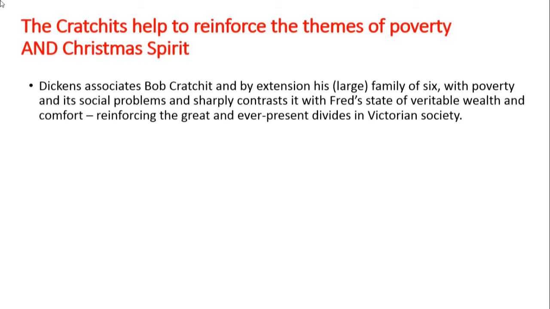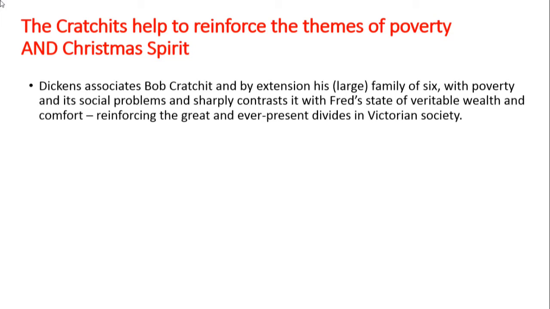Dickens associates Bob Cratchit and, by extension, his large family of six. By the way, it was very common in Dickens' era for working class families to have large families. Again, lack of contraceptive availability. They were not educated, unfortunately, to the same extent, and so procreation seemed an inevitable outcome of those conditions.